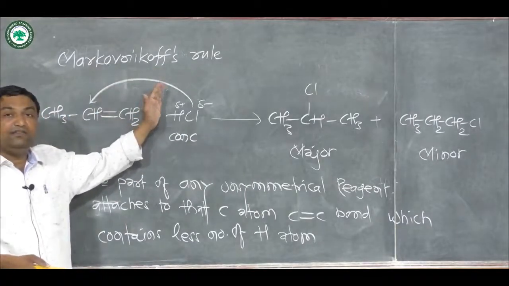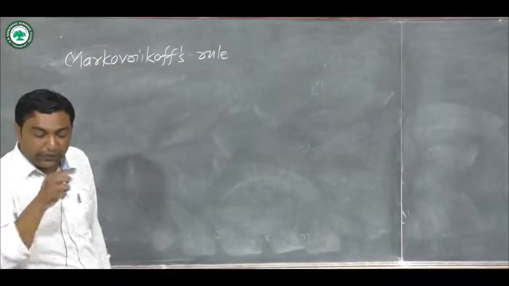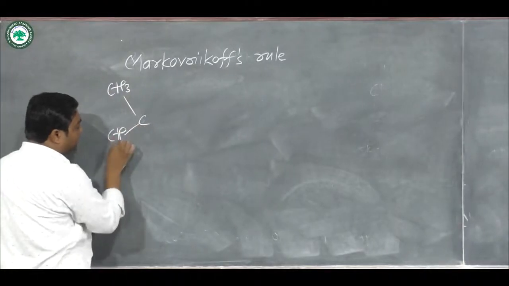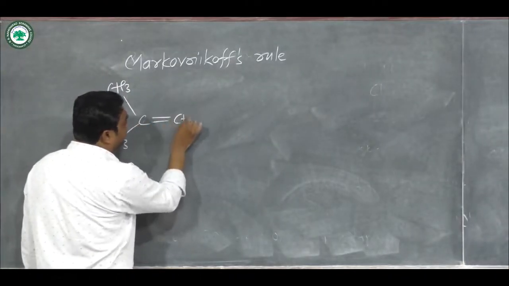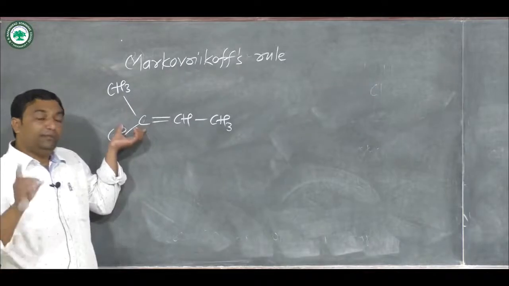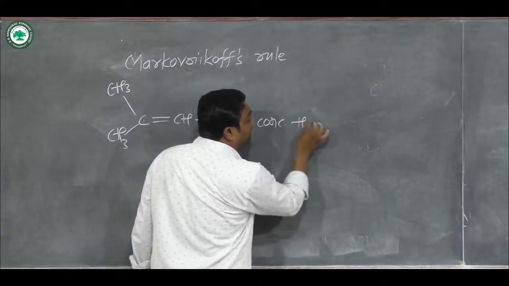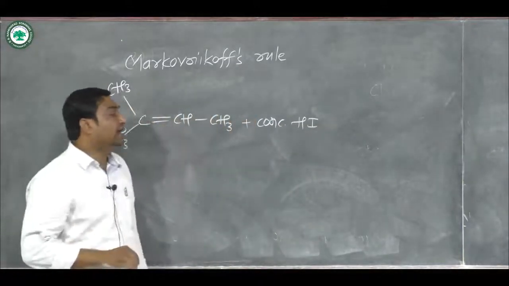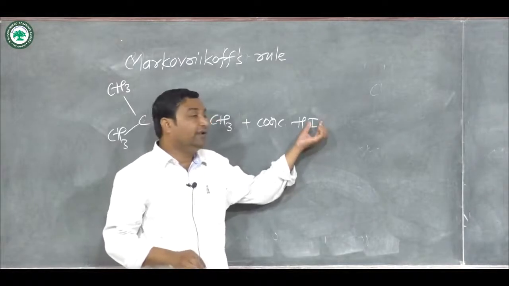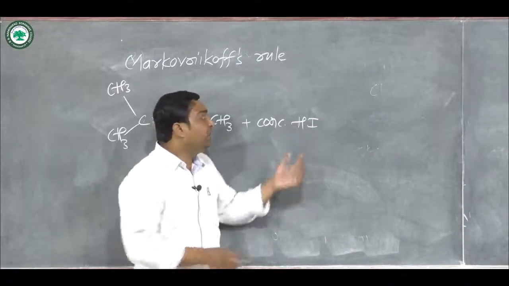On the basis of another example, the reaction of HX with unsymmetrical alkene: if we treat 2-methyl butene with concentrated HI, we know that as having higher electronegativity, this iodine has a tendency to attract the shared electron pair of the HI bond.